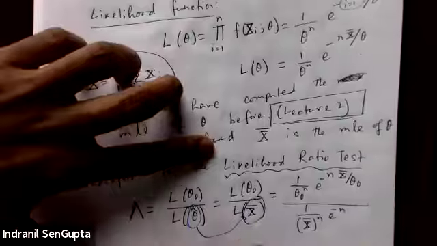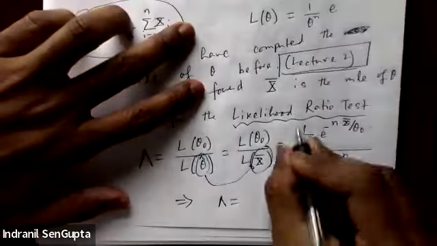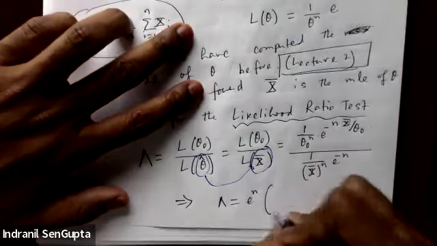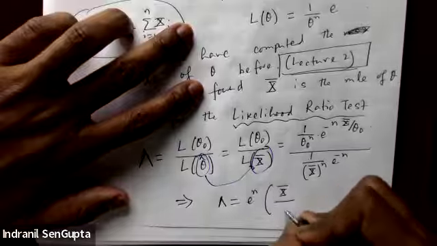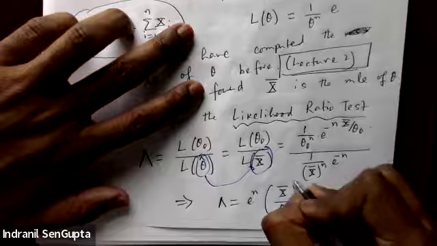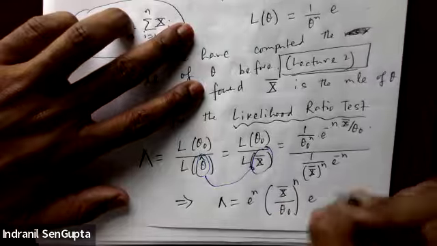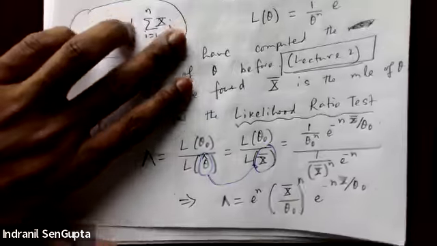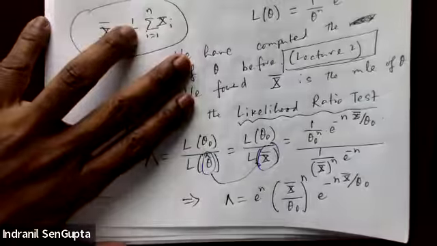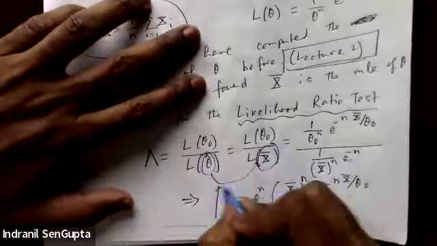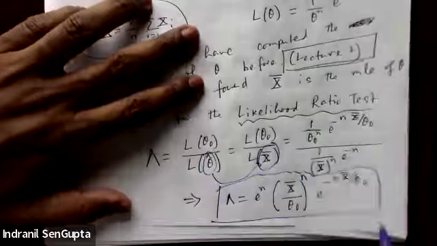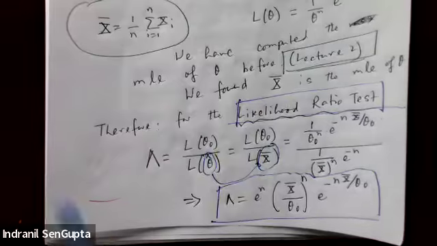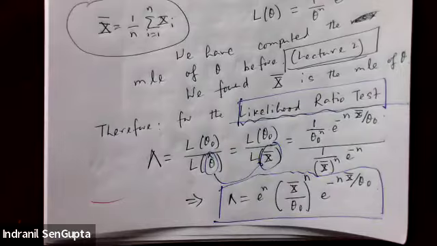So lambda is e to the n, which goes to the top, times x bar over theta 0 to the nth power, and then e to the minus n x bar over theta 0. So that's my lambda. Let's box it: this is the lambda for the likelihood ratio test. Now, what was the decision rule? Let me show you the decision rule one more time.